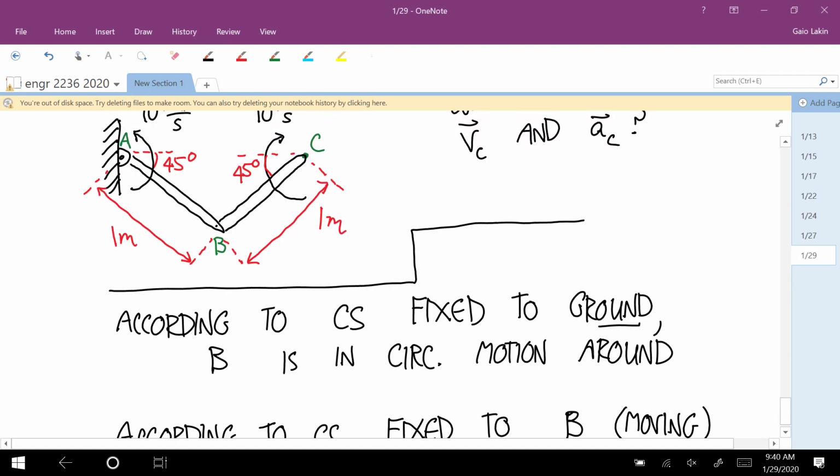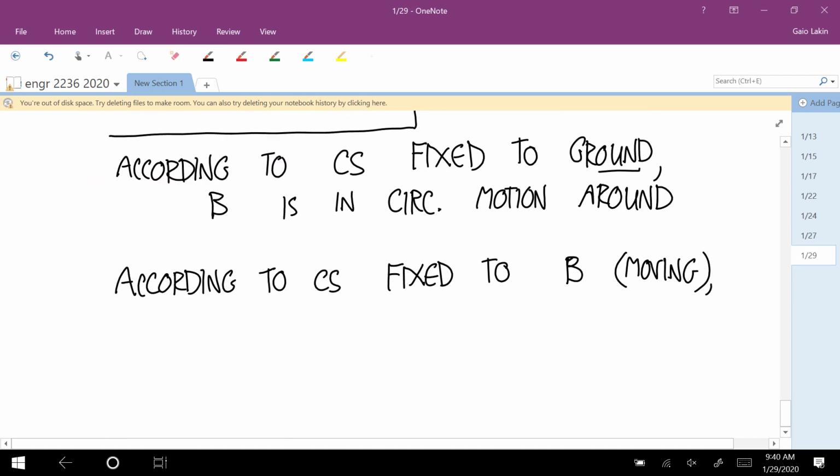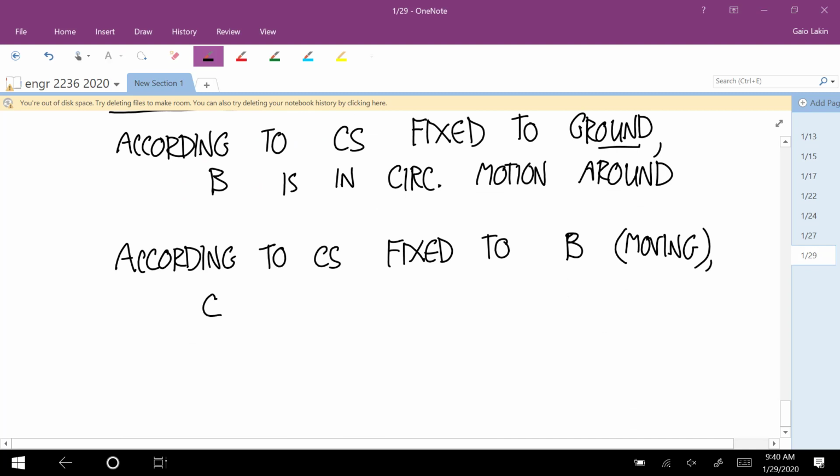The point C is in circular motion around B. This one should say A, this one should say B.